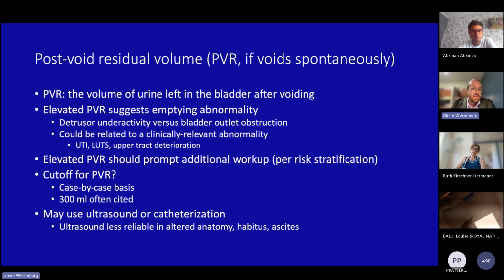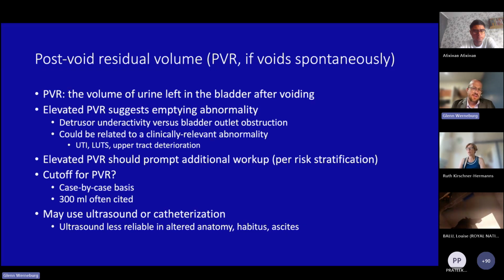What's the cutoff for PVR? Really, it's on a case-by-case basis. I think over time and seeing many patients, you get a better sense of this. But I think a nice common rule of thumb is that a PVR 300 and higher would often require addressment. To measure it, you can use either an ultrasound or catheterization.